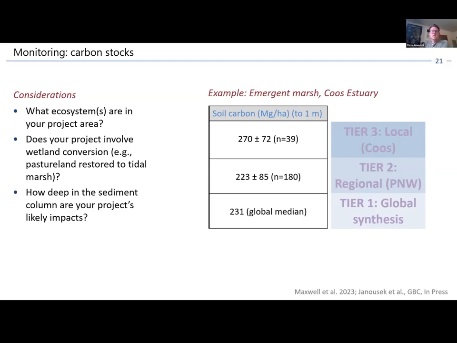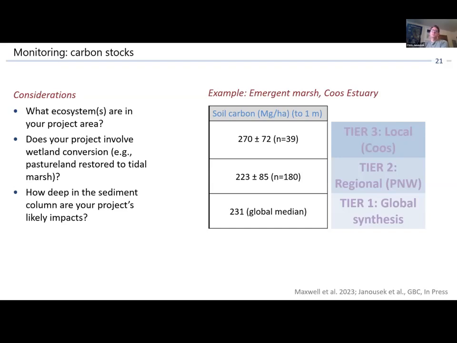This is an example of using the database as well as some global values for emergent marsh in the Coos Estuary. I just picked one ecosystem type and one system and wanted to see what this would look like if you're using different tiers of approaches. At the local scale, we have 39 cores in the database for Coos Estuary marshes, and there's about 270 megagrams per hectare of soil carbon to 1 meter depth.